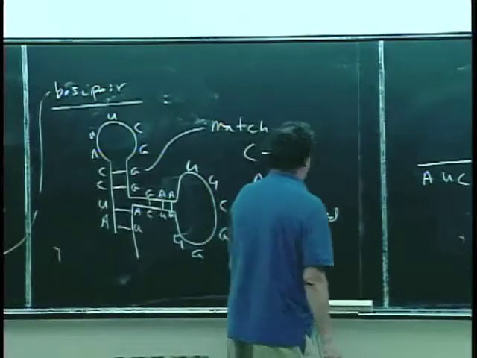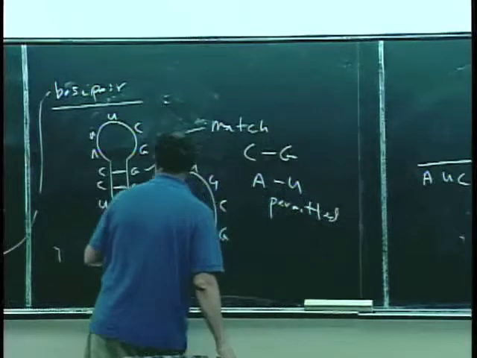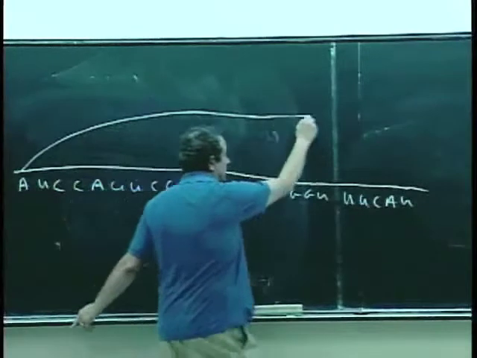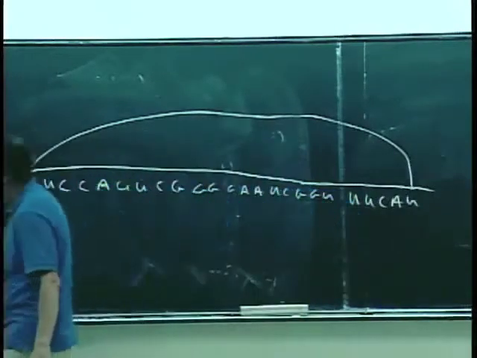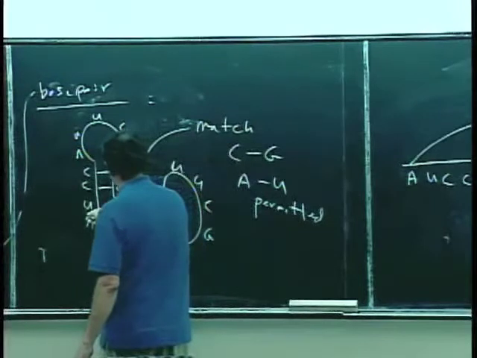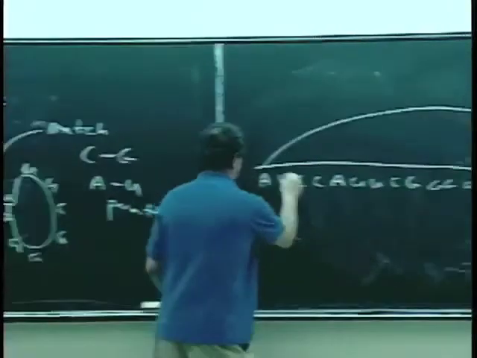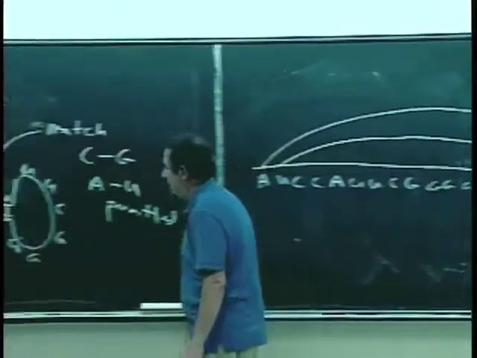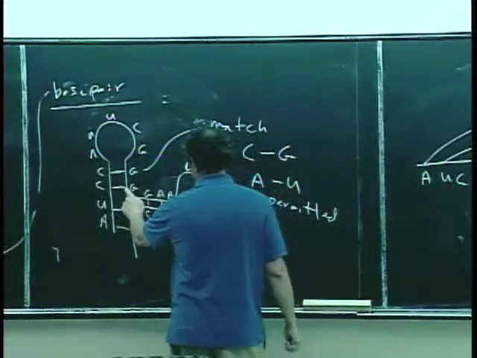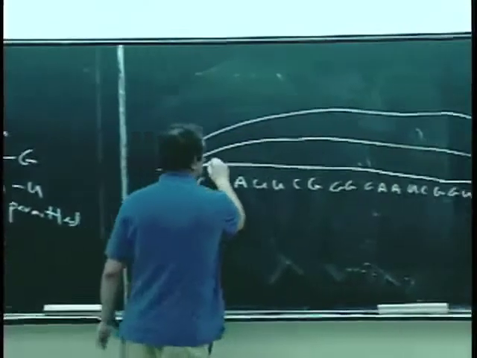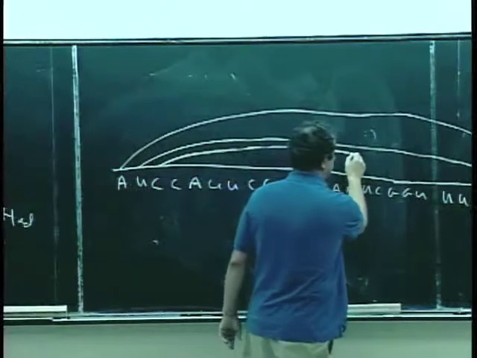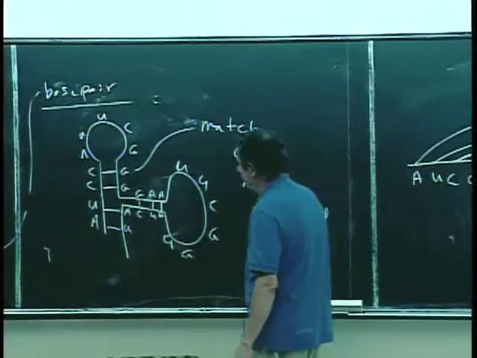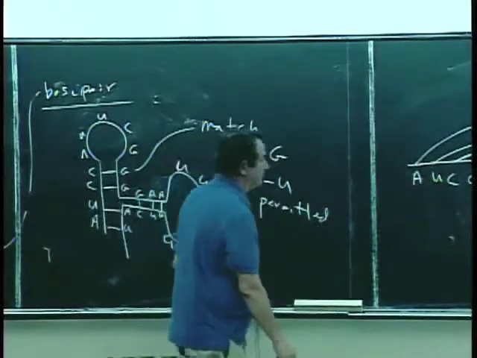Okay. All right, now let's look at where the matches are. The first A matched the last U. Okay. Then the second character U matched the next to last A. Okay. And then we had C matching G, C matching G. Oh, these G's, where are the G's?